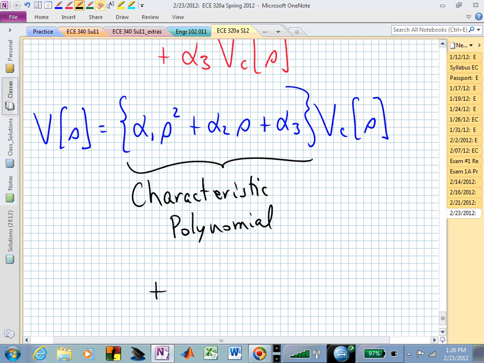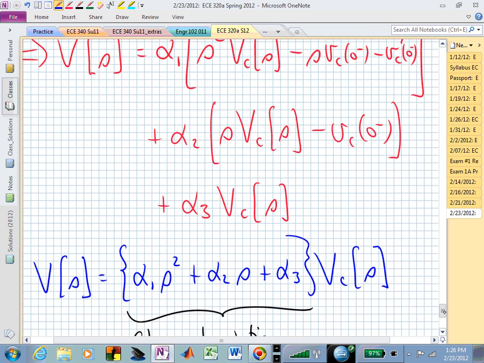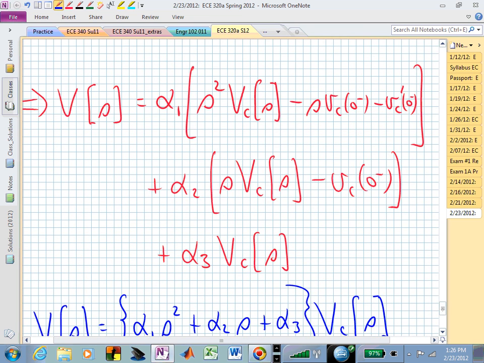I have plus the pieces associated with the initial conditions. I have a couple of pieces due to the capacitor voltage at time 0, and then I have one piece due to its derivative at time 0 minus.